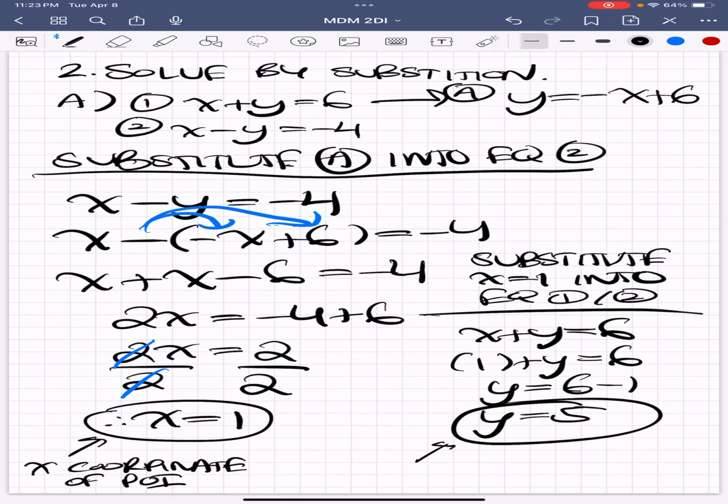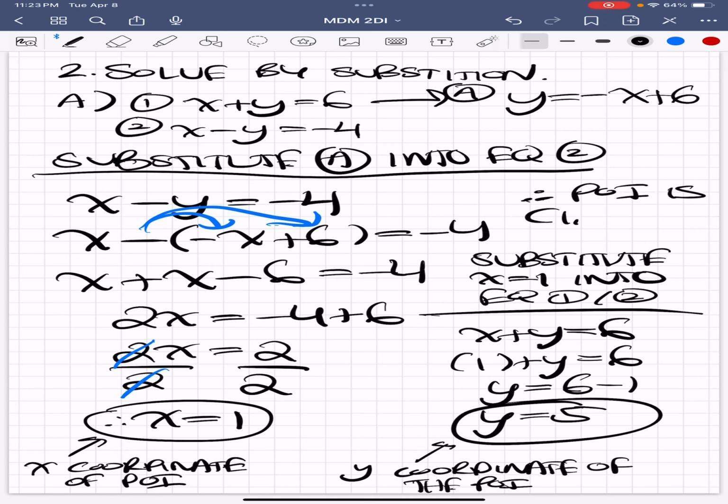And that is the y coordinate of the POI. And then we have our therefore statement, so POI is 1, 5. And that was our more difficult question, and we solved it.